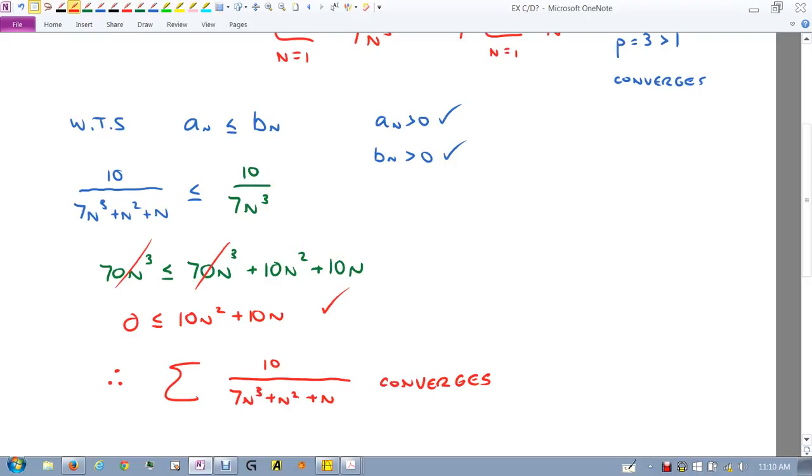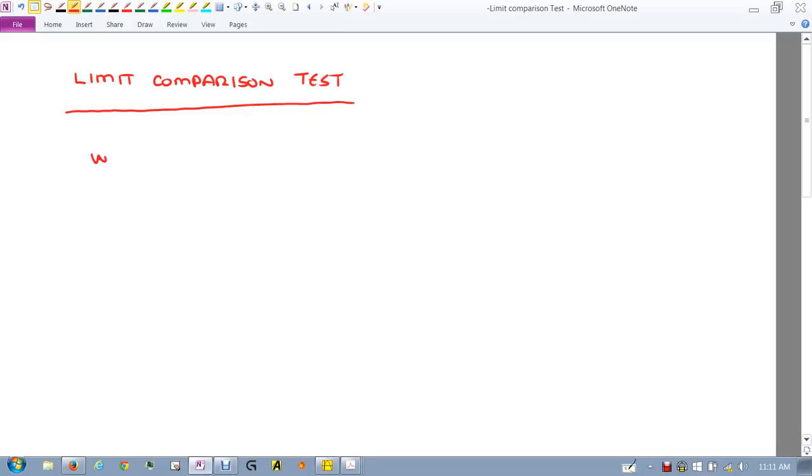Next test, called the limit comparison. It's the same thing that we just did, okay? We have a series with a sub n bigger than 0.